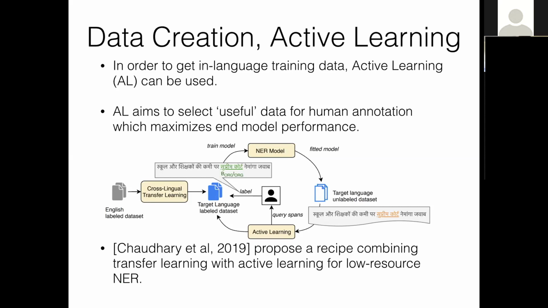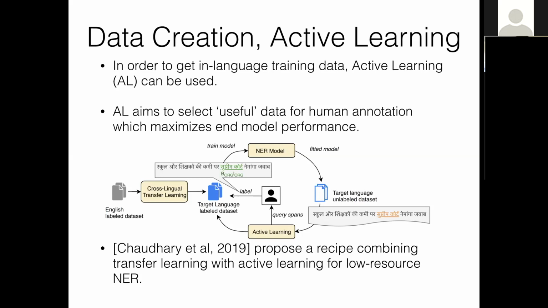How it works is that you have the English labeled data set, so we have the English NER data. Using any cross-lingual transfer learning method, like in this case we used annotation projection, you project the annotations from English onto the target language, and you get some initial annotations. Then you train an NER model on these induced annotations.